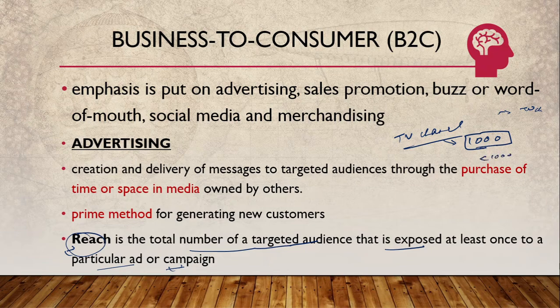Let's say out of these 1000, only 600 people have actually seen the ad, whereas the other people have neglected the ad or switched the TV channel. So reach is basically the total number of targets that is exposed. The key term is at least once to a particular ad or a campaign. In our case, it is 600.